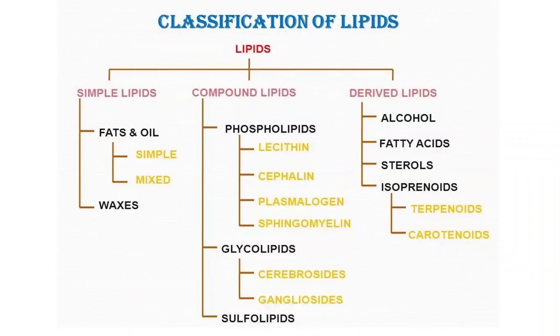Examples are lecithin, cephalin, plasmalogen, sphingomyelin. Glycolipids, along with the simple lipid part, have a glycon part. Examples are cerebrosides and gangliosides. Derived lipids: alcohols, fatty acids, sterols, isoprenoids.